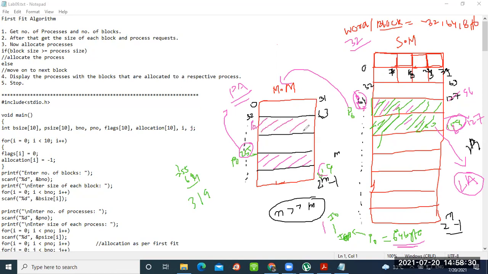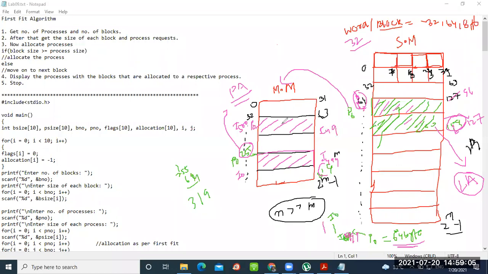Now P0 is stored in primary memory in two parts. The first part holds instructions I0 to I499. Suppose the process has 1000 instructions; the second part stores the remaining instructions from I500 onwards.